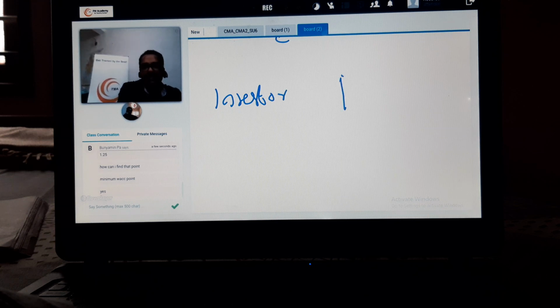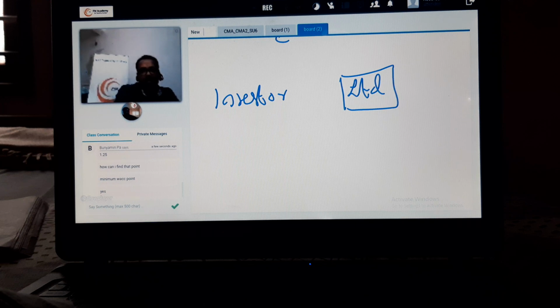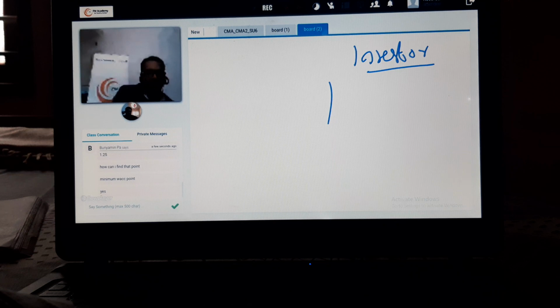This is the company, let's say limited. The company will think, okay, it is better to issue debt, that is cheaper. So they have a preference for debt. What about the investor? If the investor invests in debt bond of this company, what will happen to his P&L? He will be getting interest as an income.